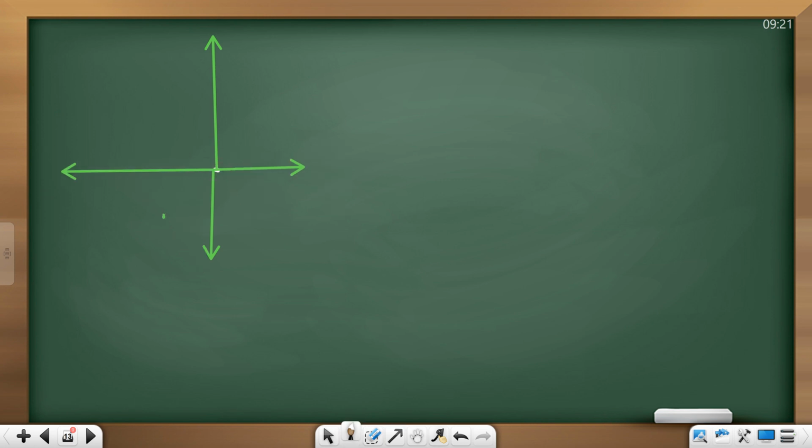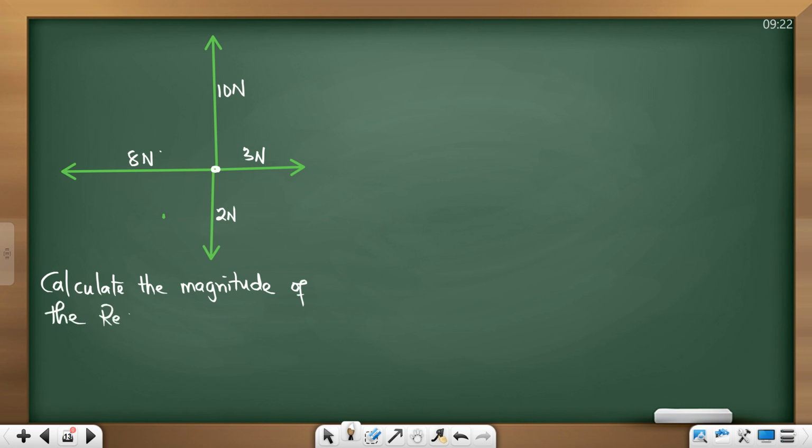So I'm using this as a Cartesian plane. 10 newtons, 2 newtons, 3 newtons, 8 newtons. Calculate the magnitude, which means I'm not focused on direction yet, all right, of the resultant vector.